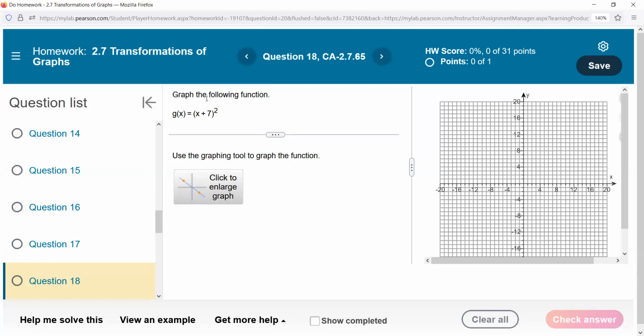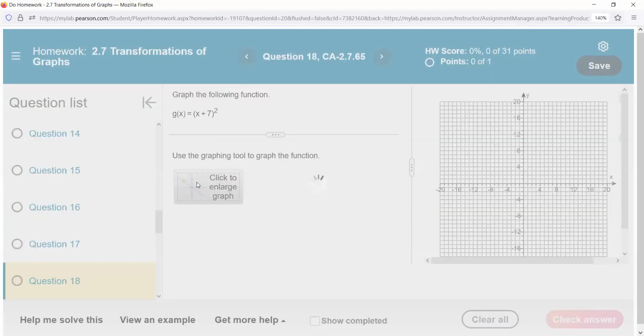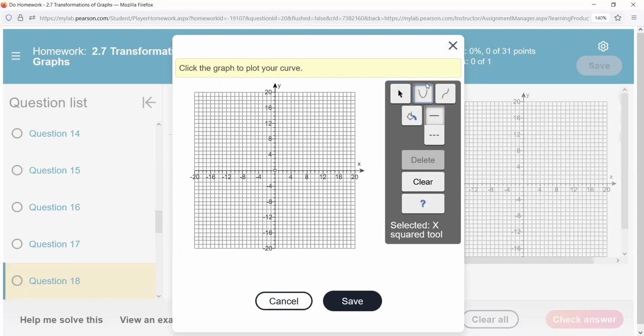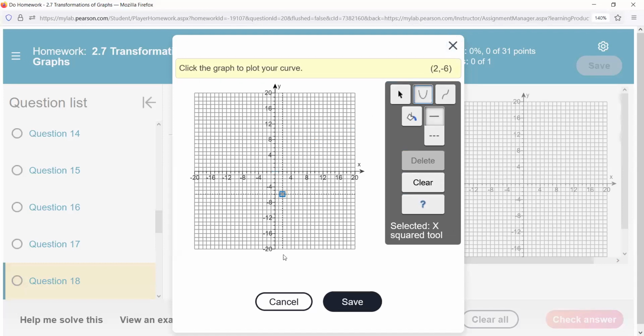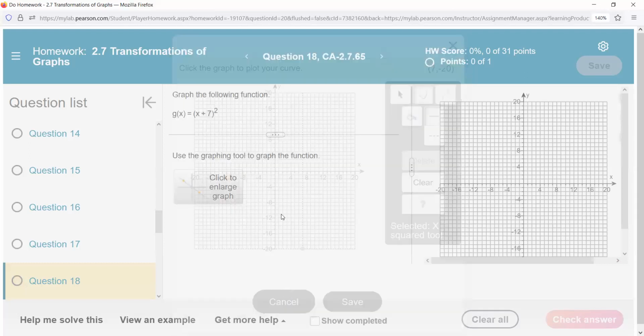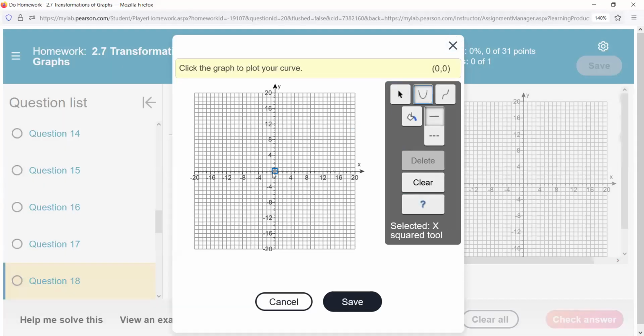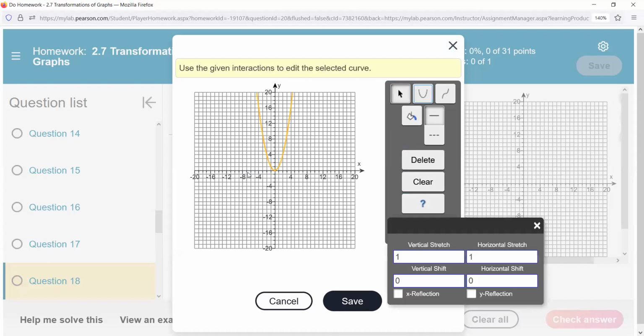Let's say this one. Now you may know that the graph of x squared has been shifted 7 units left. So we're going to use the squaring function. If it was shifted 7 units to the left, the vertex is going to be at negative 7, 0. Okay, so that's the function.